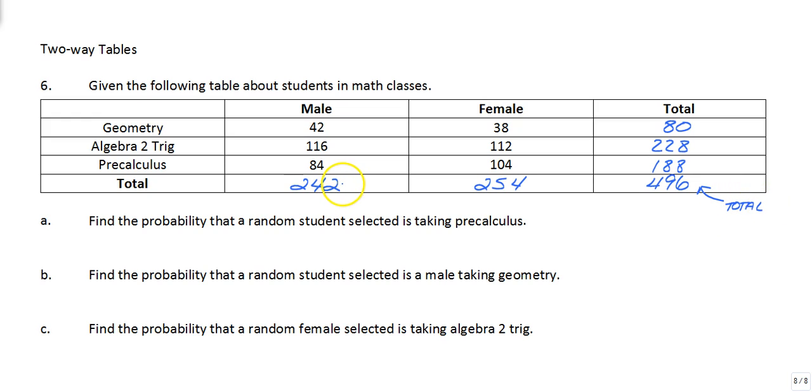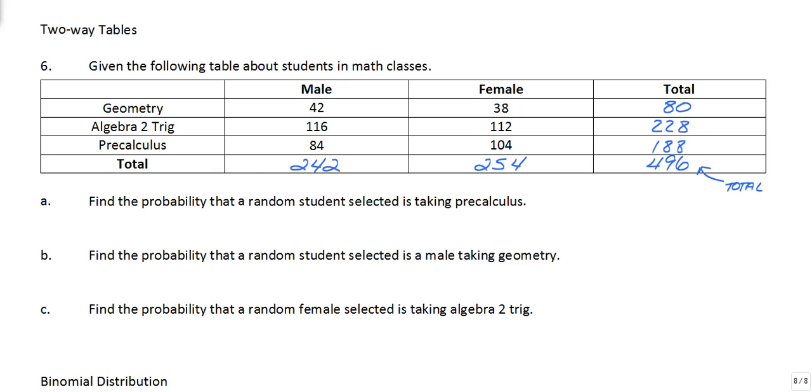Okay, so this is total students for all of them. This is just your total amount of males, total amount of females, total students in geometry, algebra 2 trig, and pre-calc. So now it's important to understand that because we're about to read these very carefully. Find the probability that a random student is selected as taking pre-calculus.